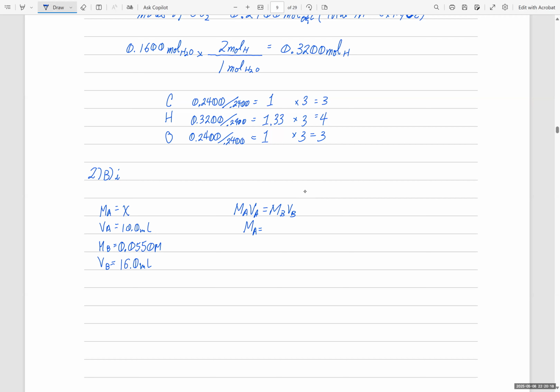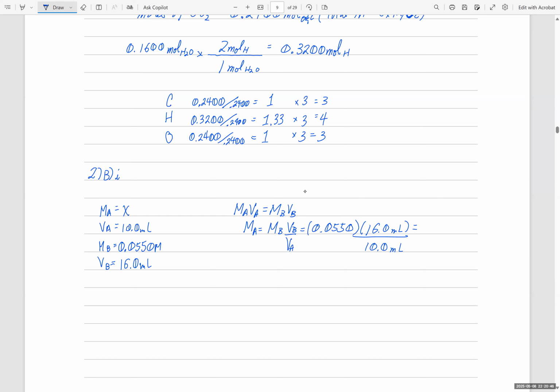So it's going to be MB times VB over VA, and we plug our values in. 0.0550 times our VB, 16.0 milliliters, all over 10.0 milliliters.